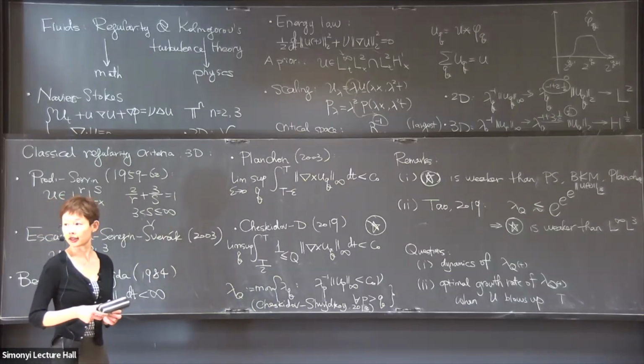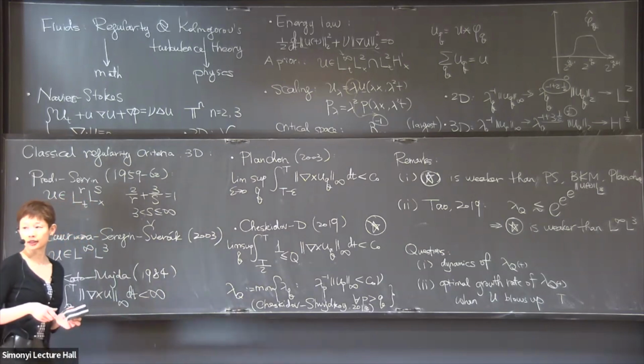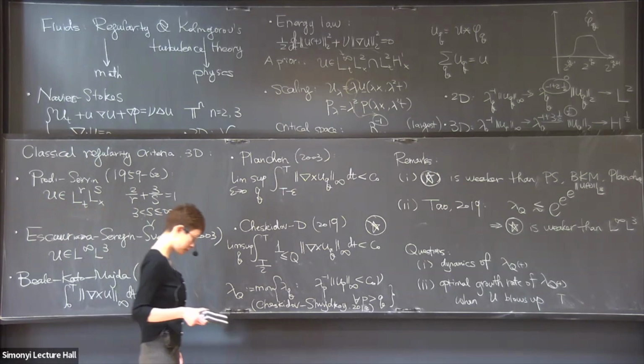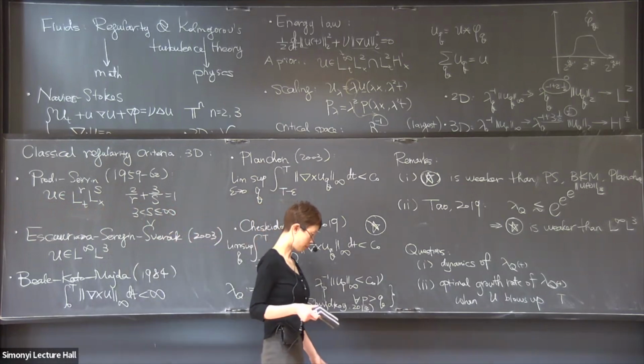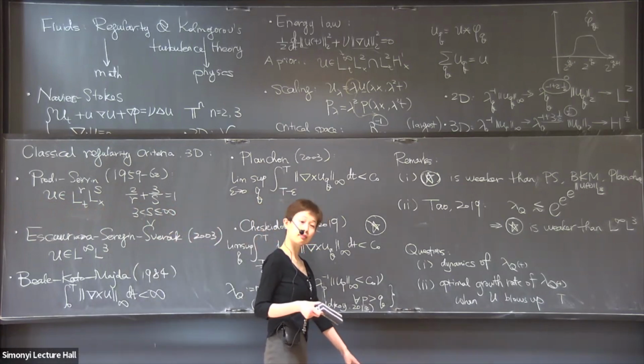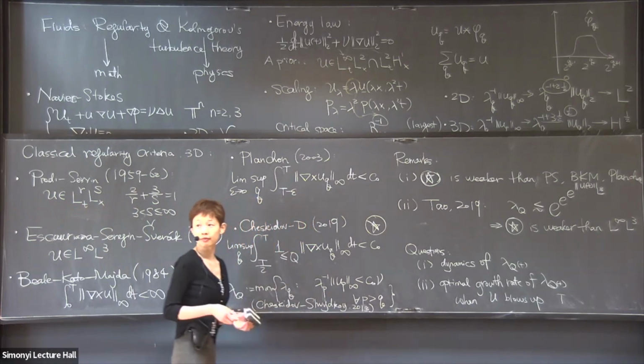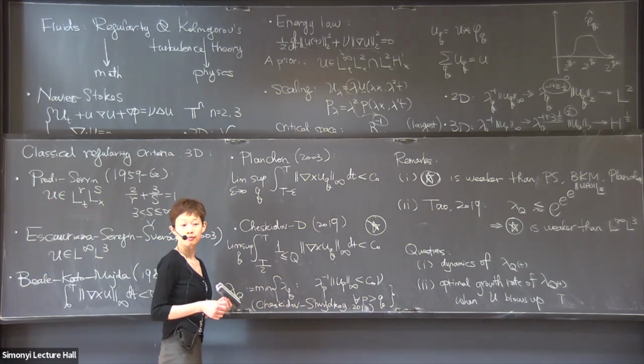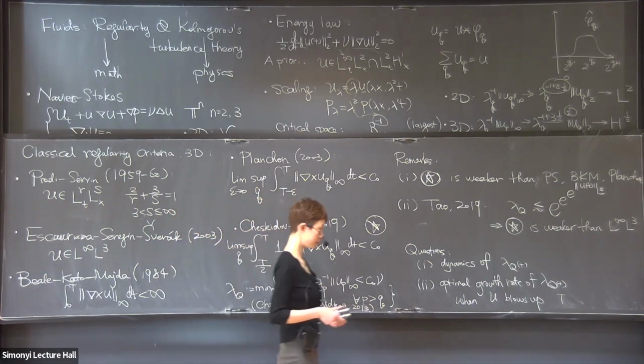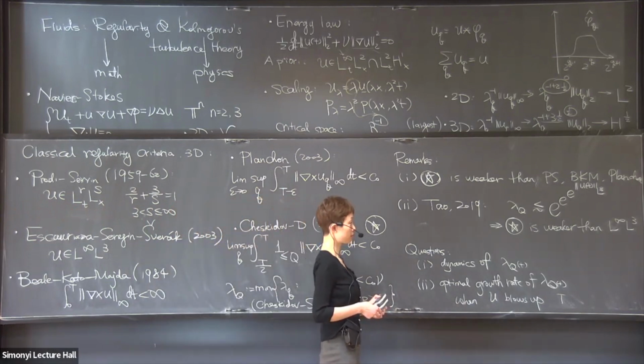He uses quantitative unique continuation, so it still has that element to it. In fact, it's almost the same Carleman estimates. Okay, so you don't really get rid of that idea after all. Yeah. Okay. Thanks.